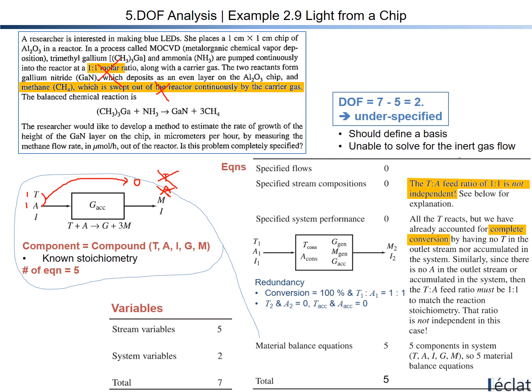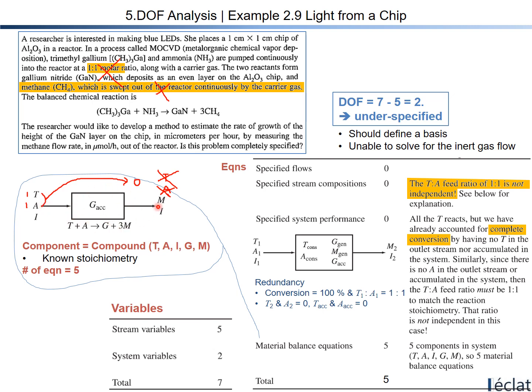Anyway, you should draw the block flow diagram for counting the number of variables and also equations. Like step A in the process calculation, here is the block flow diagram, and you should define what is the component for the material balance equation. Of course, here is the well-balanced chemical reaction equation, so it is better to use the compounds as the component. So T and A with I is going to the system.